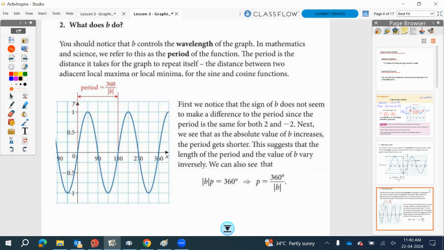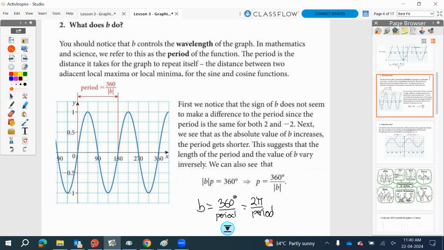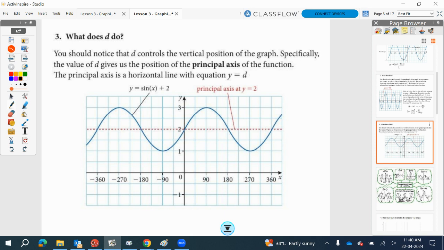So for B, we have the formula here for P in degrees, P being the period. B is equal to 360 over the period, or 2 pi over the period. And for D, we want the midpoint of the y values.